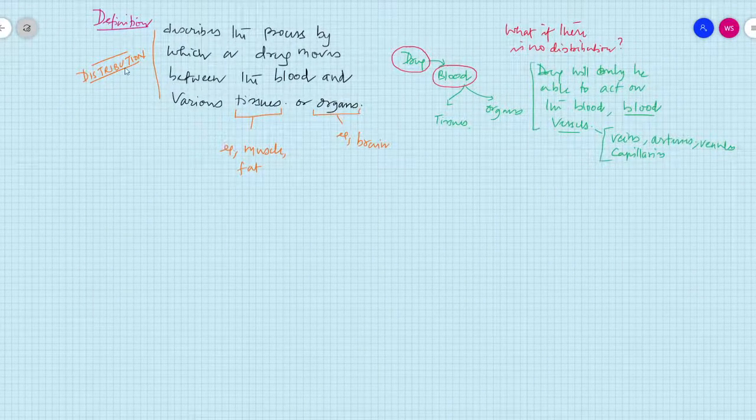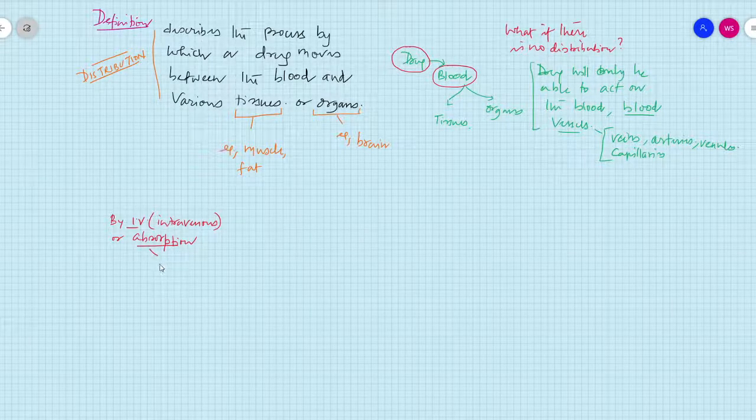So what we have just discussed above, let's go into a bit of detail. How does the drug enter the blood? If we administer it by IV, what is IV? Intravenous, or absorption from different sites of administration.